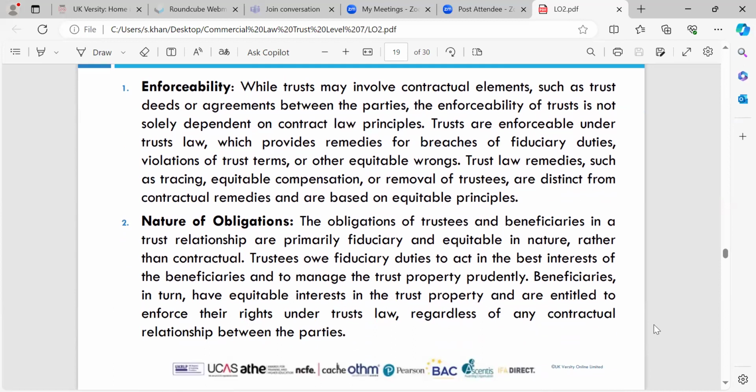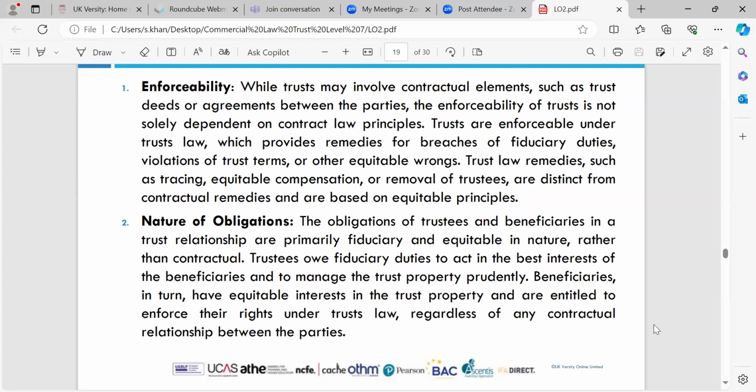The obligations of trustees and beneficiaries in a trust relationship are primarily fiduciary and equitable in nature rather than contractual. Trustees owe fiduciary duties to act in the best interest of the beneficiaries and to manage the trust property prudently.